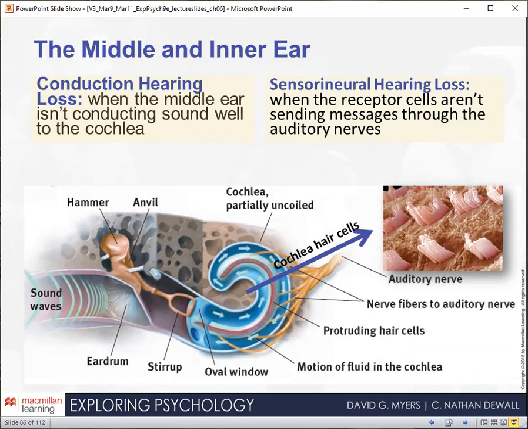So it's an issue with the middle ear not getting those sound waves where they need to be. Then we have sensory neural hearing loss when the receptor cells aren't sending messages through the auditory nerves. With this, you can have more problematic issues, like hair cells that break. Sound waves or pressure waves can be powerful enough to literally snap hair cells at certain locations, so that you'll never be able to hear that particular frequency again.